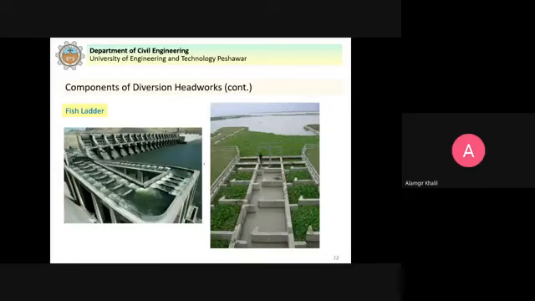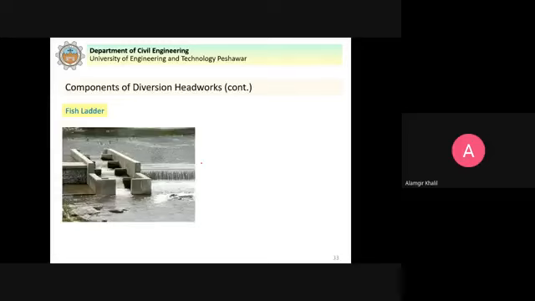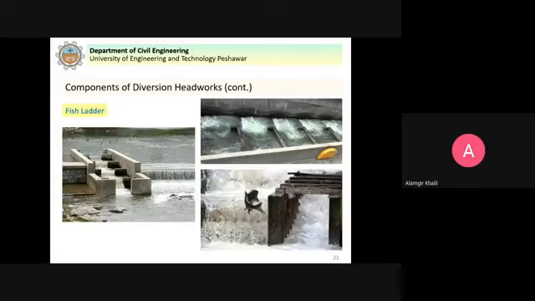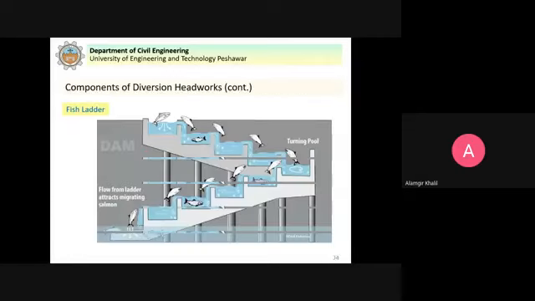Now these are different photographs of the fish ladder. You can see that the fish will move from upstream to downstream and vice versa. So these are fish ladders. We have to provide them so as not to disturb the biodiversity of the rivers. You can see here, this is the concept that the fish can move if we provide this fish ladder.